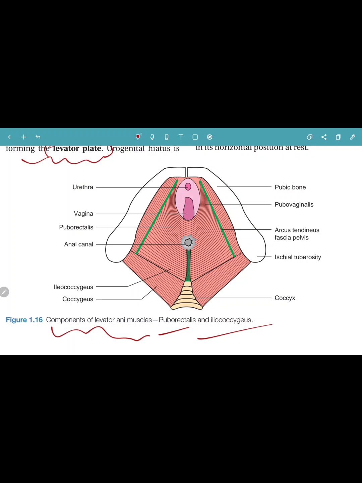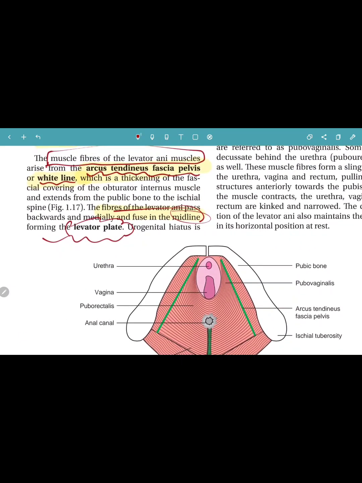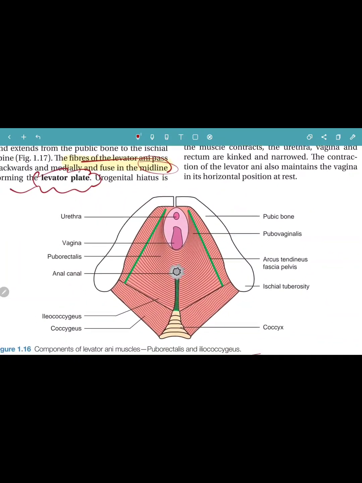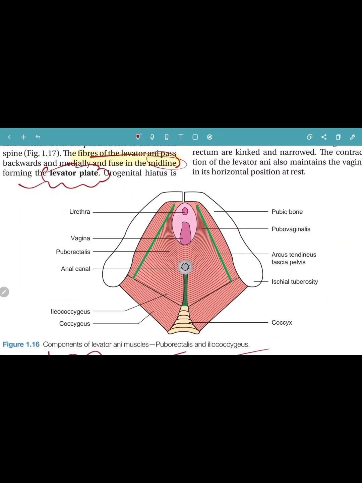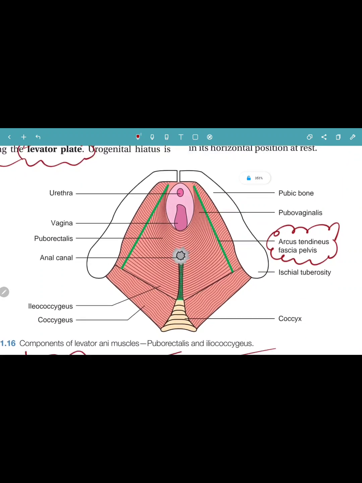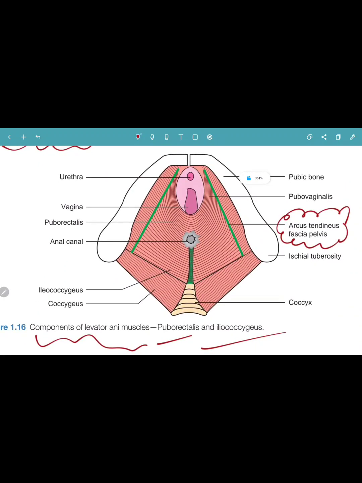And this is the line from which all the muscle fibers of levator ani arise, your arcus tendinous fascia pelvis, the green line. And this is your iliococcygeus, your puborectalis, and then you will be having your pubococcygeus also.